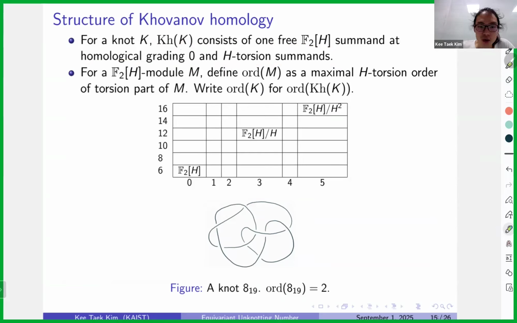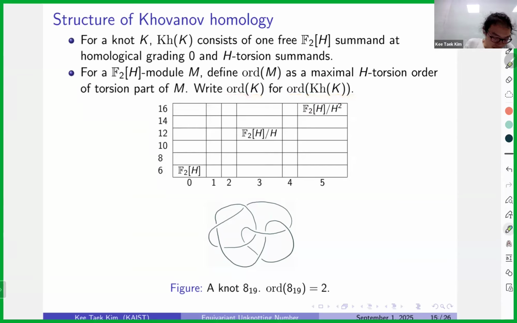In this talk, we are interested in the torsion part. So let's define the torsion order as the maximal Z torsion order, and we will write it as the torsion order of the Khovanov homology of the given knot K.